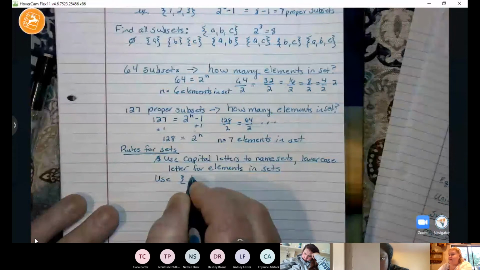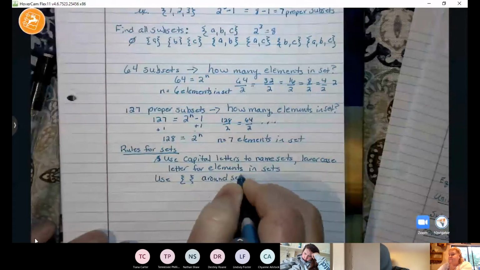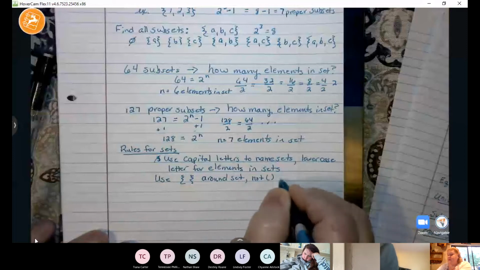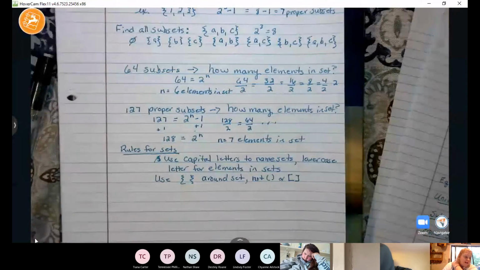We use the braces around the set, not parentheses or brackets.